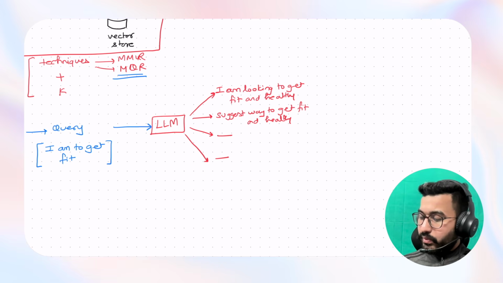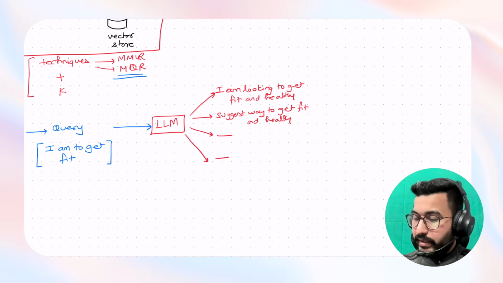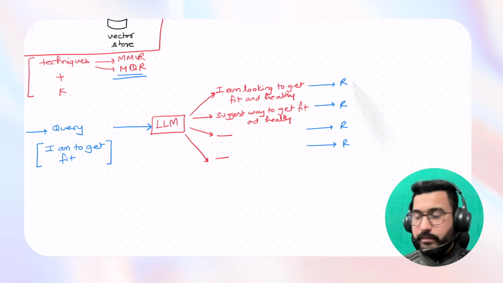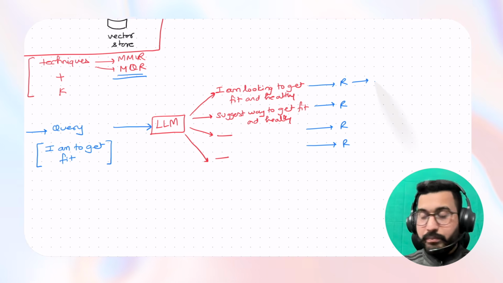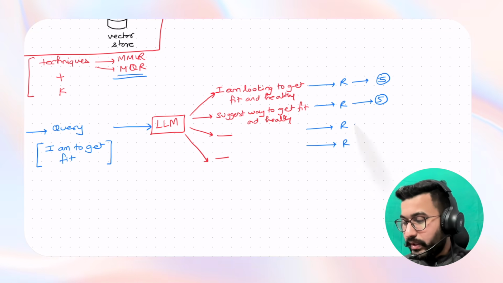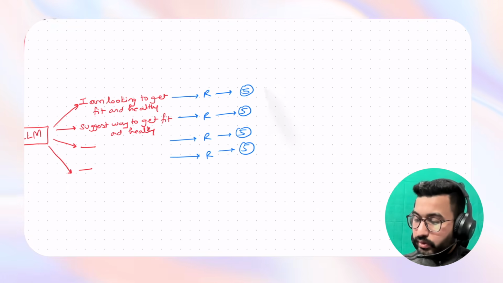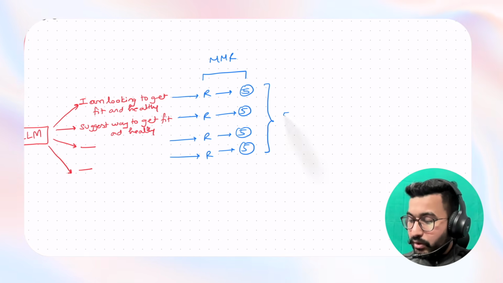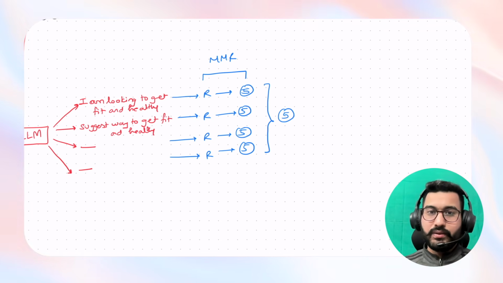Now each one of these queries will go to a particular retriever, R, R, R, R. Each one of them will perform the retrieval process using the process of MMR. So it will return me, let's say, the top 5 documents each. And out of those top 5, which we have searched using MMR, finally the top 5 will be picked based on the similarity score.